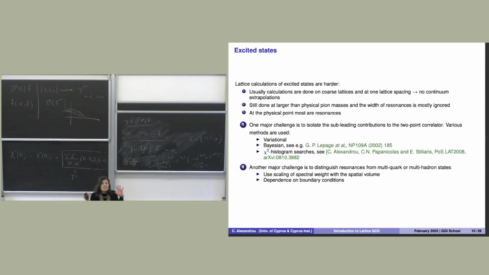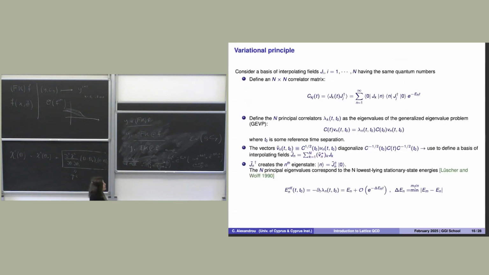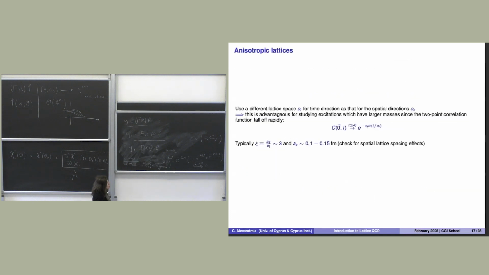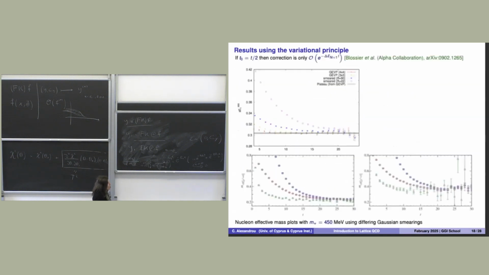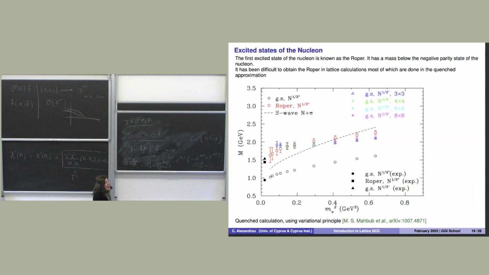Right, excited states are harder to do. I'm not going to say much. Because we want to go to structure, you can look it up. We do have techniques, but they are much, much more difficult. And most calculations are really done at non-physical pion masses. Why? Because most excited states are not stable.